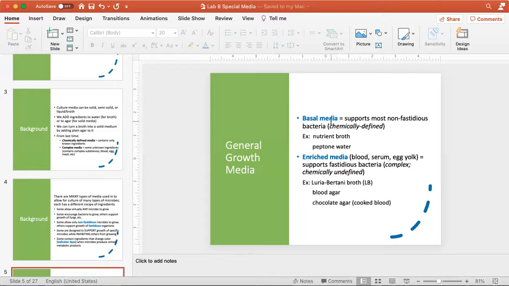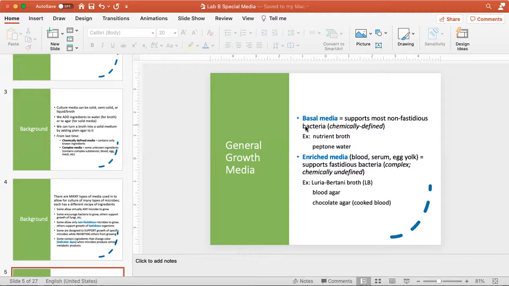A basal media is also chemically defined. Okay, so those two terms, basal media and chemically defined media, mean the exact same thing. They have a known list of ingredients. There's nothing in there that we don't know what it is. And it supports non-fastidious growth, so bacteria that are generally easy to grow.